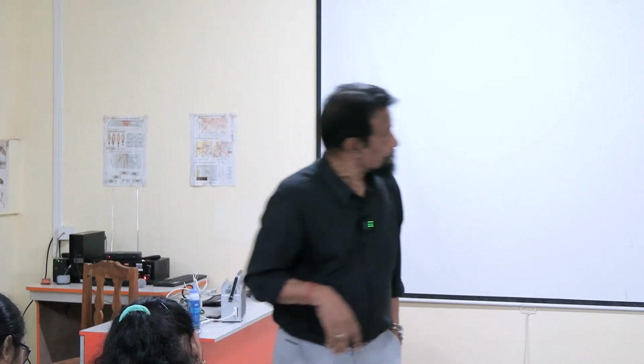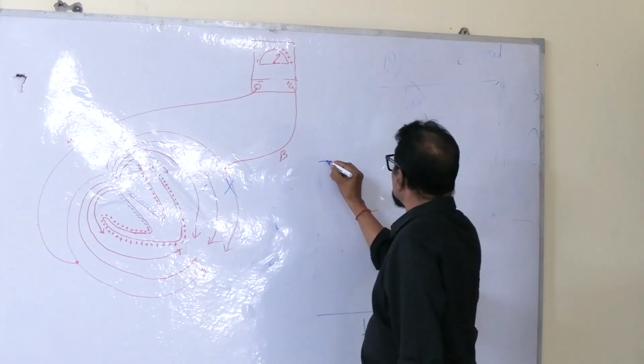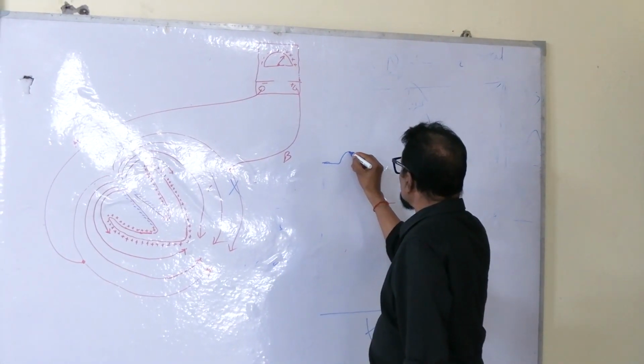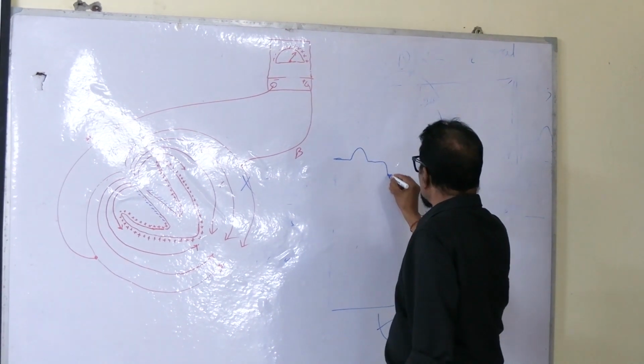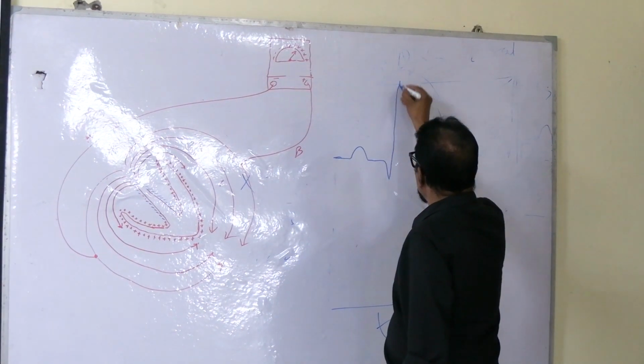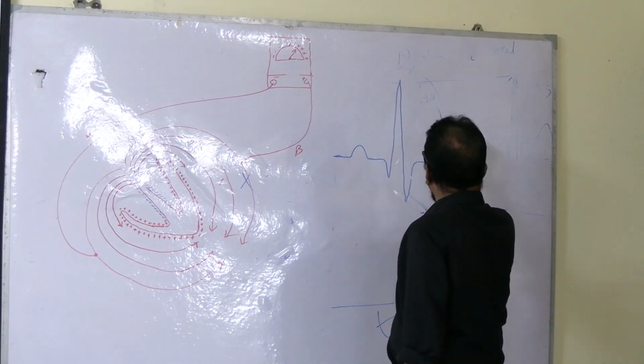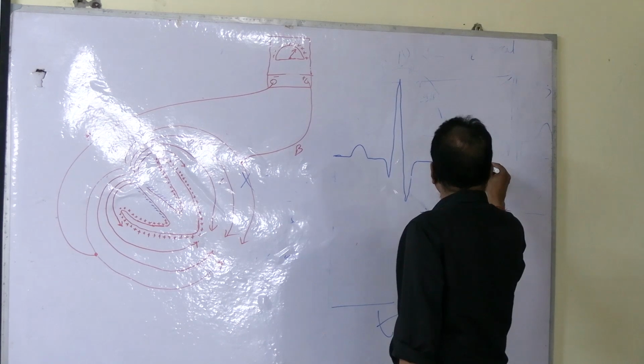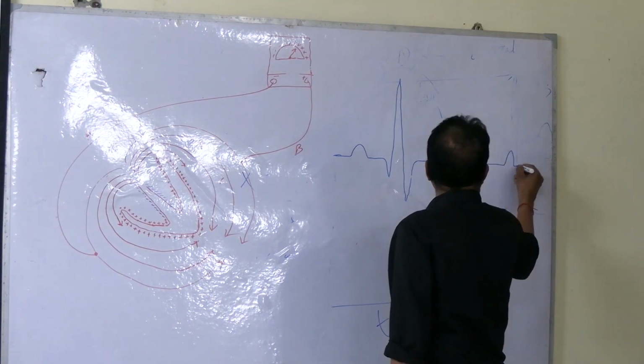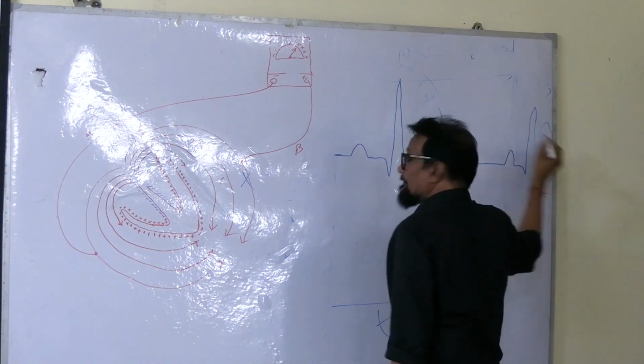Segment, time. All are represented by time. So what is the difference between these? Let us see. Again there will be P, Q, R, S, T in this way. Okay?